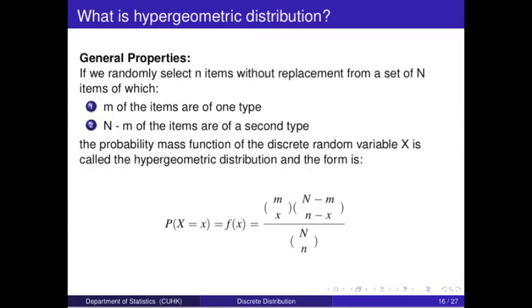What is hypergeometric distribution? If we randomly select n items without replacement from a set of N items, and there are only two types of items to be selected, the probability mass function of this discrete random variable X is called hypergeometric distribution.